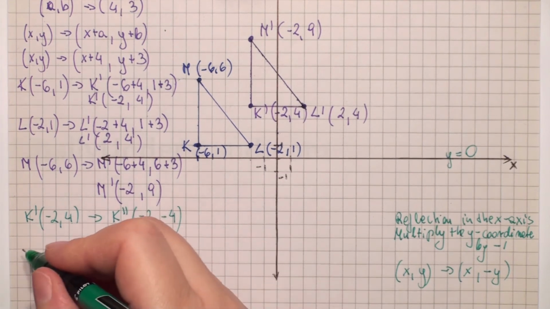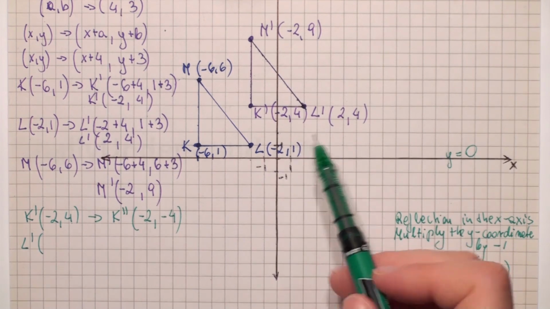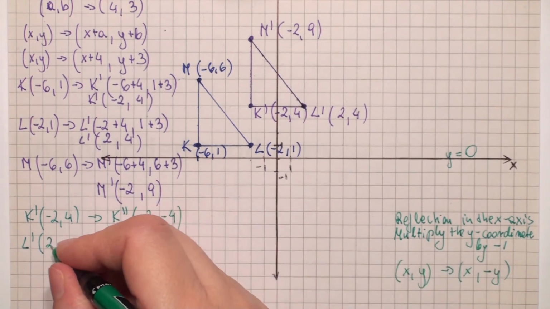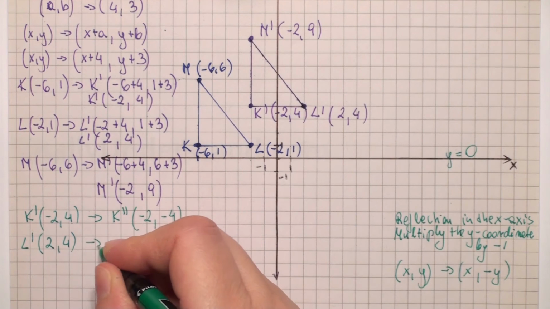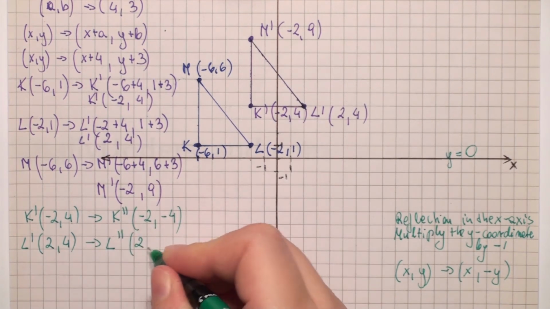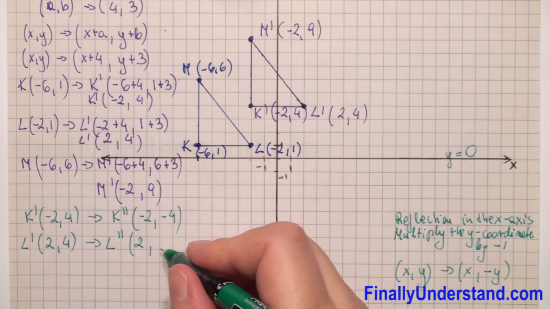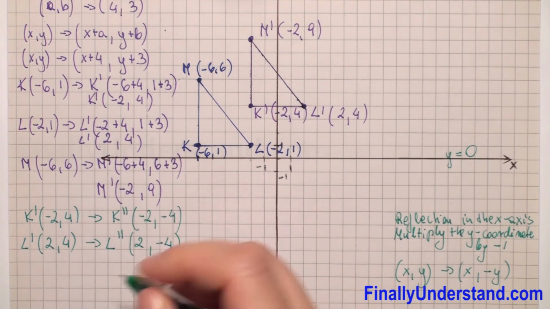double prime. Now L prime, we have coordinates 2, 4. So L double prime, first coordinate stays the same, and the second we have to multiply by -1, so will be -4.